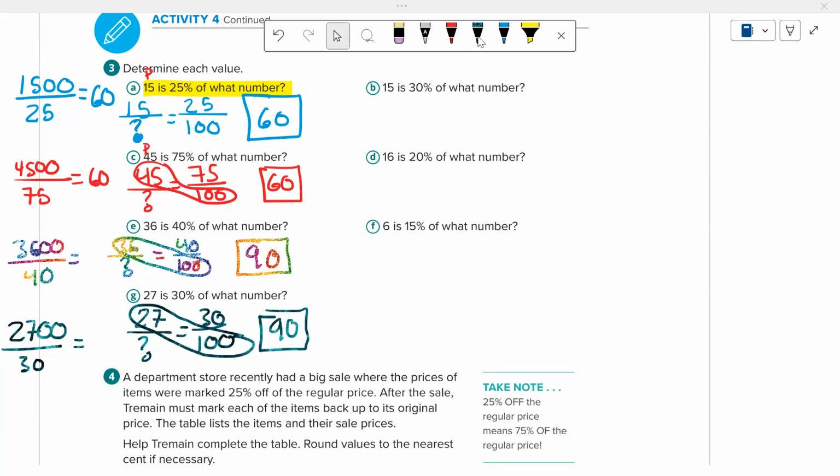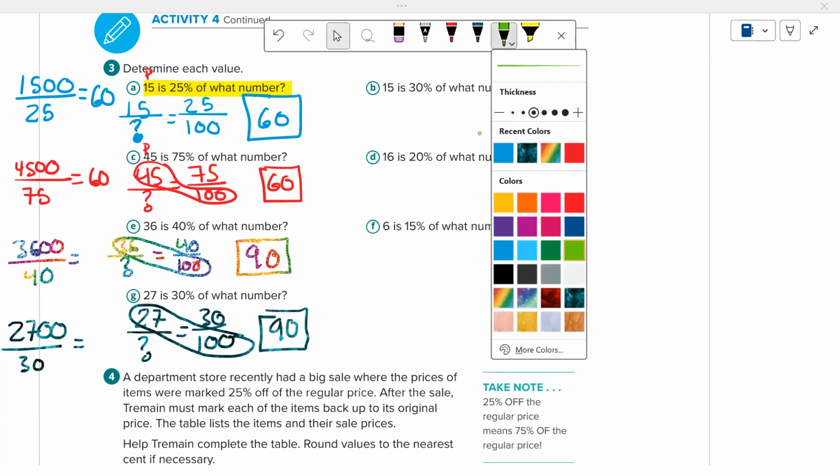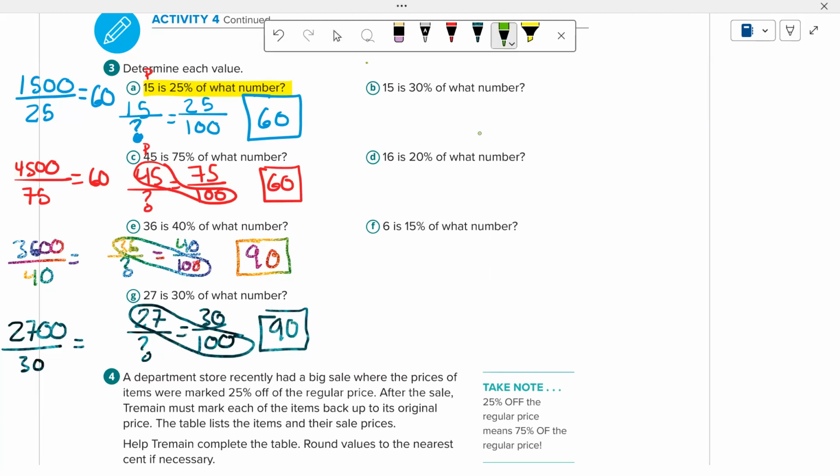All right, hopefully you get the same answers as I'm about to get. I'm going to write these in green, and I will go a little quickly. 15 is 30% of what number? 15 means equal, 30% out of 100. Notice they gave me a part. So we do the math again. You're going to get 1,500 divided by 30.